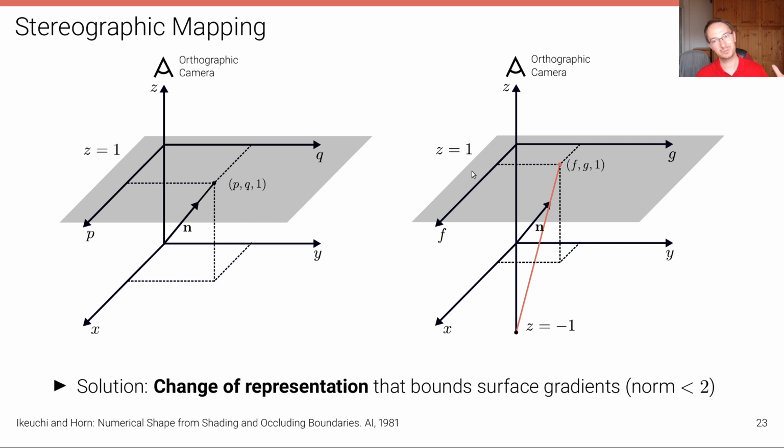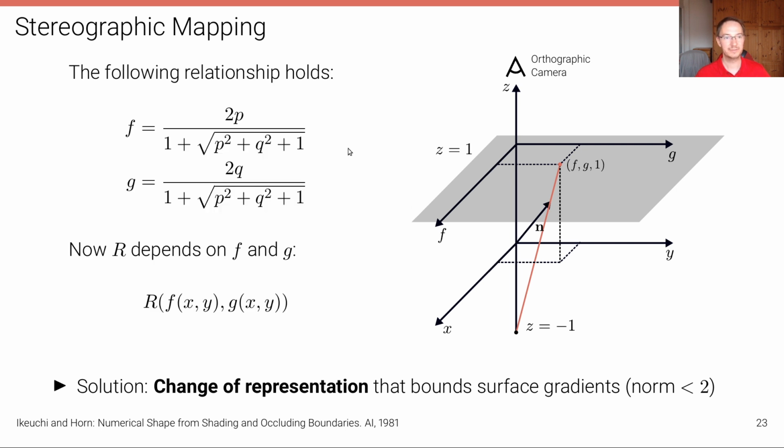Because we have changed the representation, we're going to call this the FG plane instead of the PQ plane. You can see that the location of this point has changed from here to here. It has come closer to the center. And there is a mathematical relationship that holds for this, a simple expression shown here on the left that can be derived by considering equal triangles and solving for f and g.